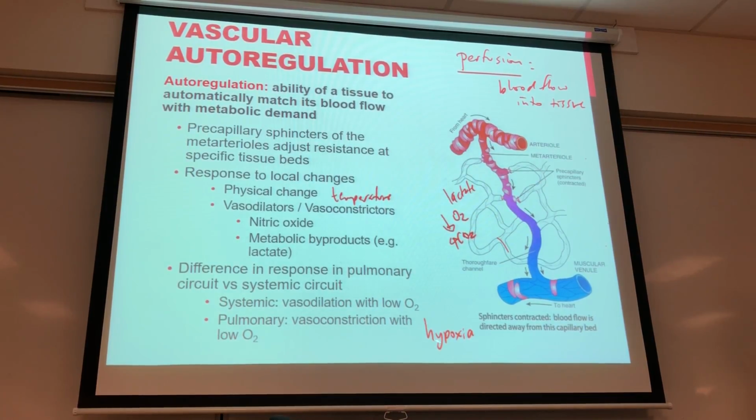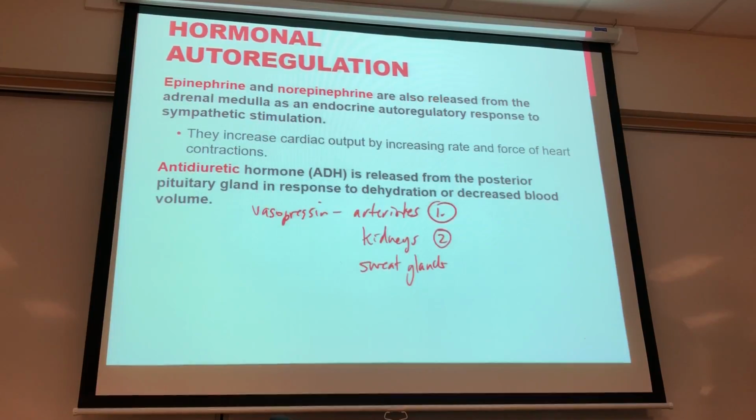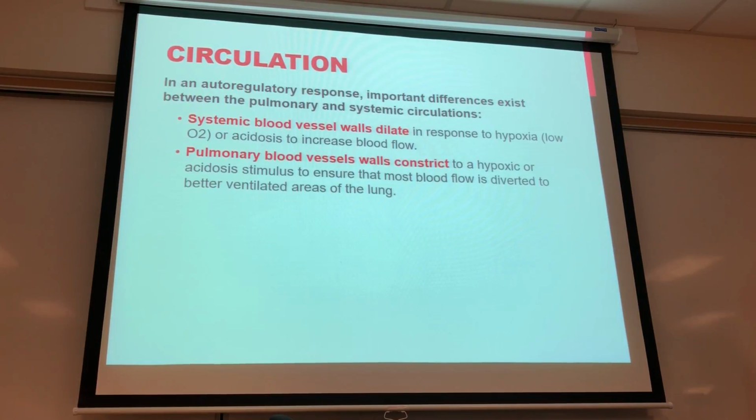Hypoxia is going to result in systemic blood vessels dilating, opening up the blood vessels, as opposed to pulmonary blood vessels, which will constrict in order to divert that blood over to the areas that are more oxygenated. Again, we'll revisit that when we get into our respiratory lecture.